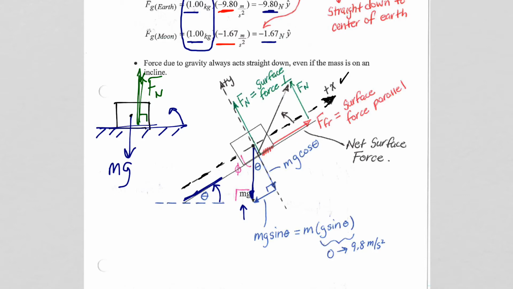I want you to get your ruler out and go perpendicular to the incline and call that your new y-axis. I will refer to this throughout the notes as rotating the coordinate system. But again, simply ruler parallel to the incline, your new x-axis, perpendicular to the incline, your new y-axis. The very first force I always put in is gravity straight down. Now, you'll also see we have a little bit of geometry here to look at.